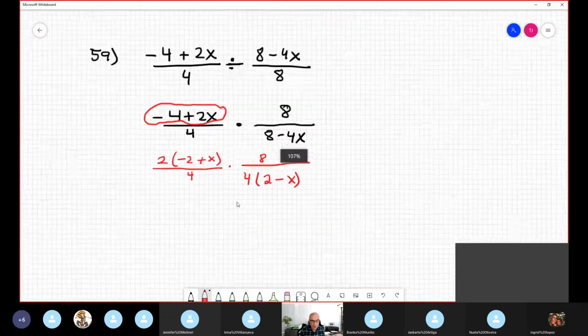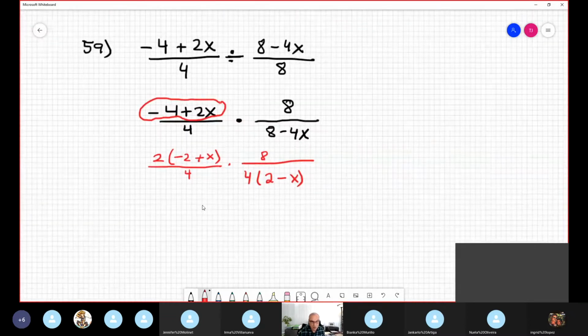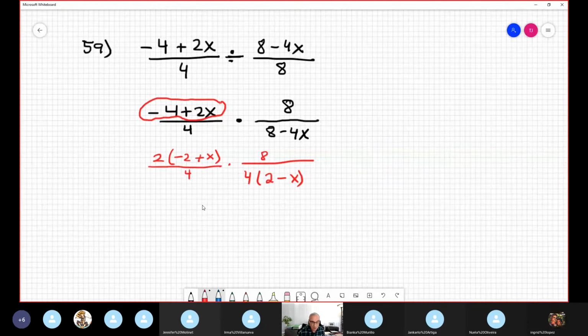Now, wait. We can simplify. For example, I focus my attention on the numerical part and use simplification in any way. For example, 4 divided by 4 is 1, and 8 divided by 4 is 2. So you divide by 4, this and this. And 2 times this 2 is 4, and the other 4 that we have in the bottom is 1.